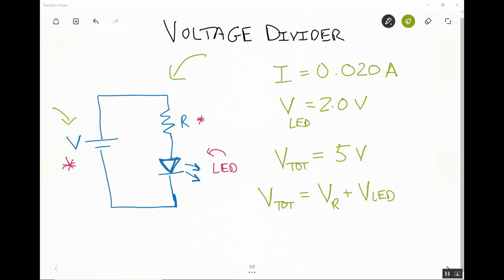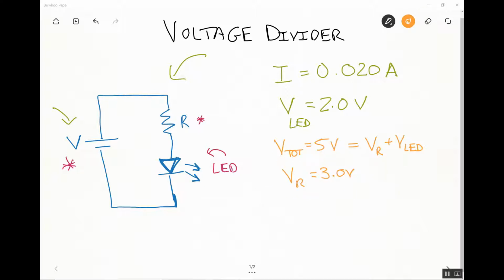Kirchhoff's voltage law would say that the total voltage supplied to the circuit equals the voltage used by the resistor, VR, plus the voltage used by the LED, VLED. So if V total is 5, VLED is 2, VR is 3 volts. Okay, so here is all that's summarized.